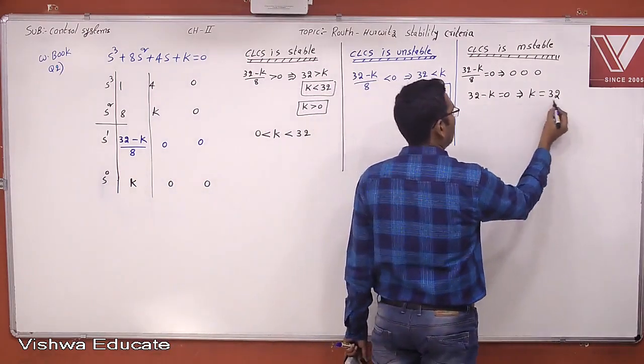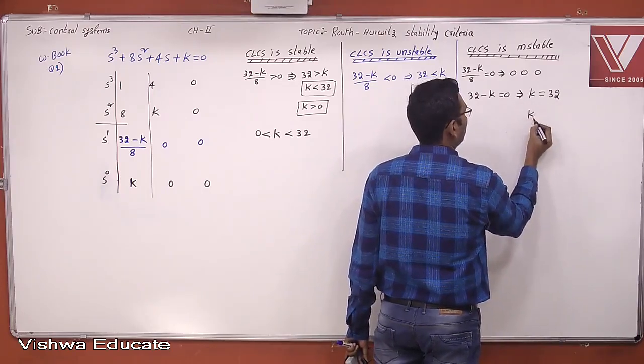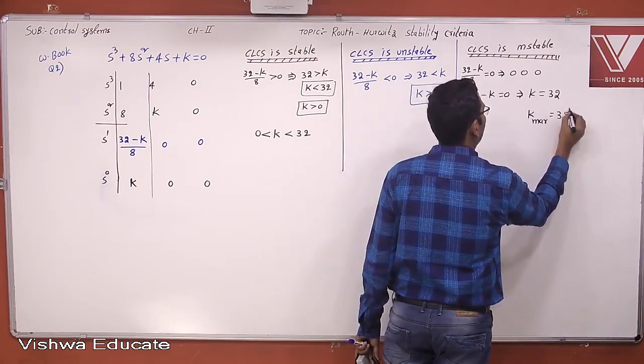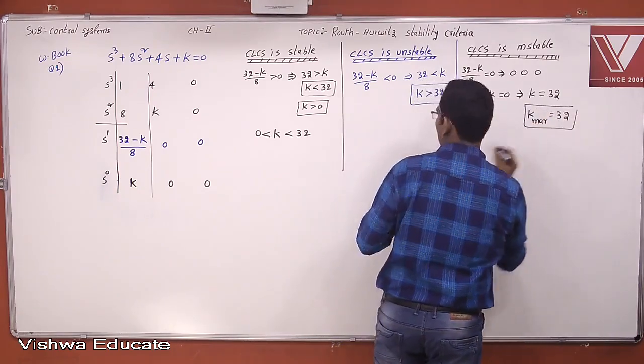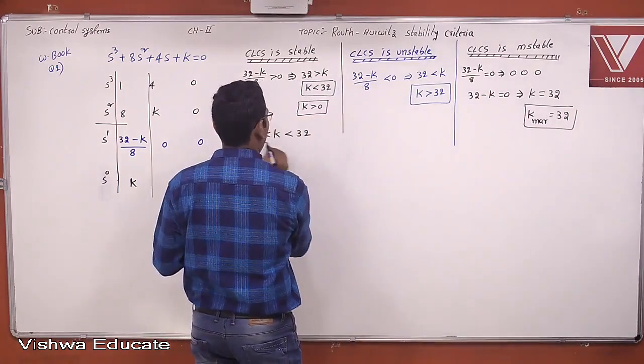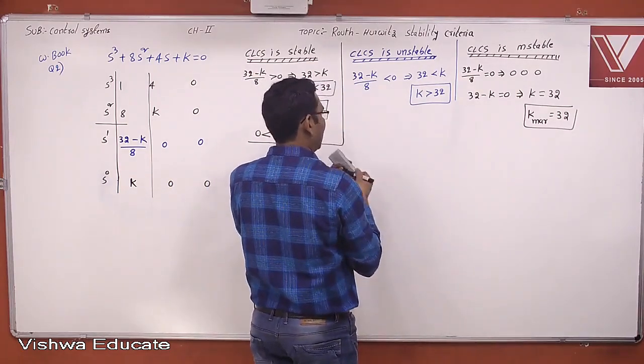So, this is the system gain k such that the closed loop control system is marginally stable. This is called k margin, the marginal value of k.